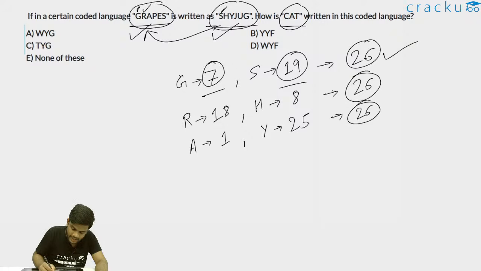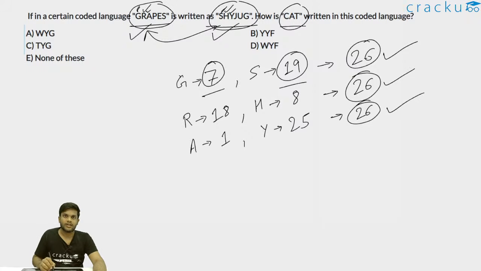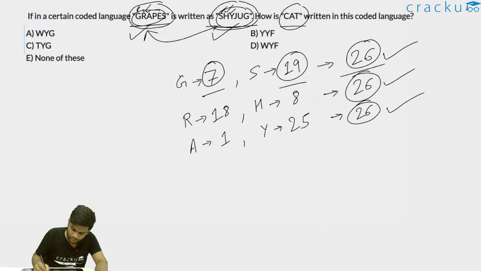Similarly for the second term, the sum is again 26. Similarly for the third term, the sum is again 26. So it means that for each term, there is a term in this word for which the sum is equal to 26. So we have to find a similar thing for cat.